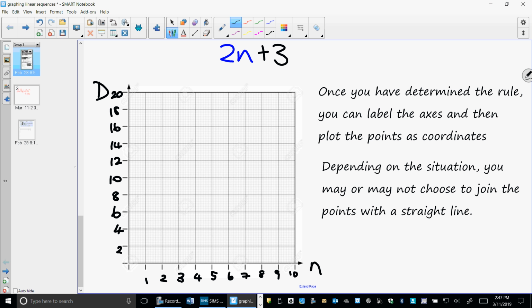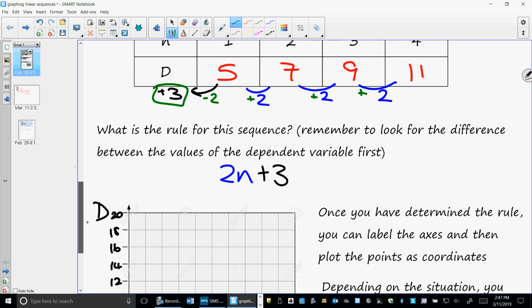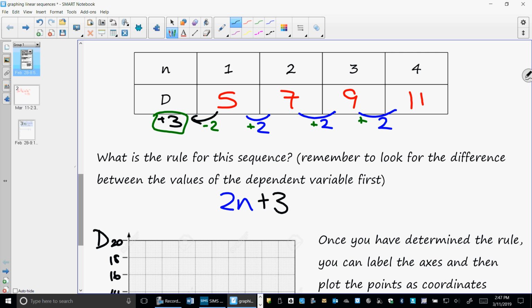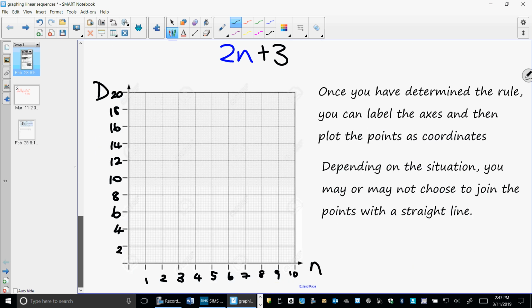And then we're going to plot them as coordinates, as I've said. Our first one is 1 and 5. So we find 1 and we find 5. 5 is obviously between 4 and 6, and I'm going to put a cross to show that that's my coordinate. So we're not drawing a bar graph, we're not drawing a line graph, we're just drawing coordinates.